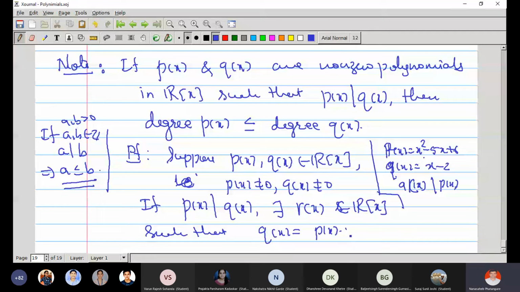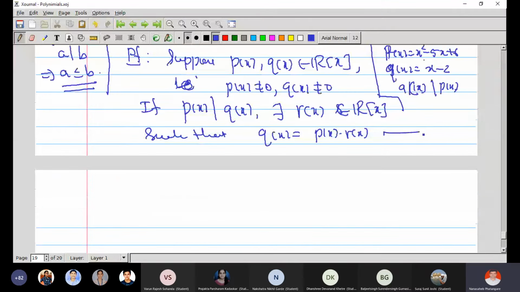What can you say about this? So now we are saying that in this expression, two sides are same. Now what is the degree of the RHS? RHS is a polynomial, the product of two polynomials.